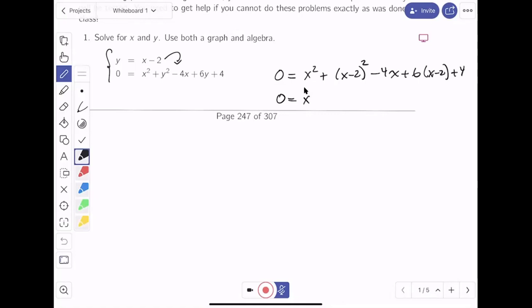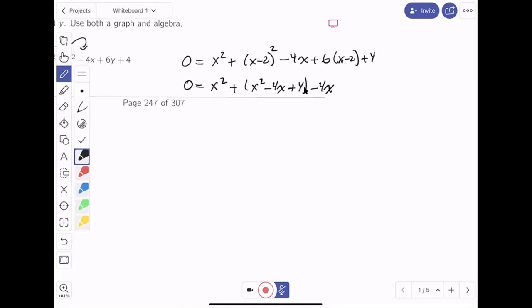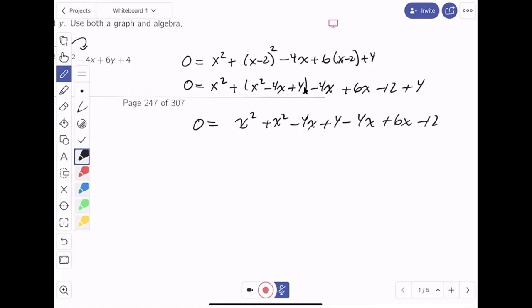We get x squared plus x squared minus 4x plus 4 minus 4x plus 6x minus 12 plus 4. You should rest assured that most things work out pretty nicely.